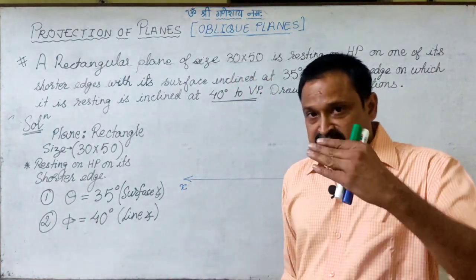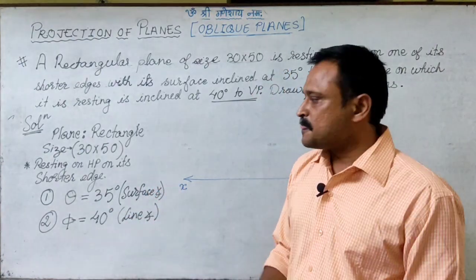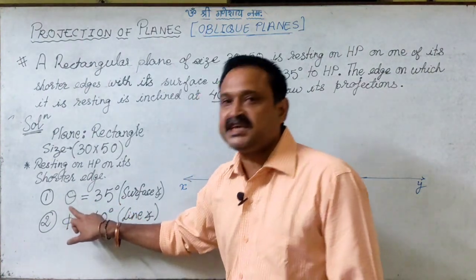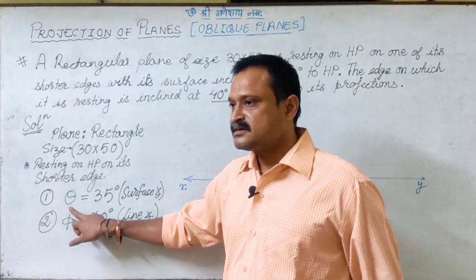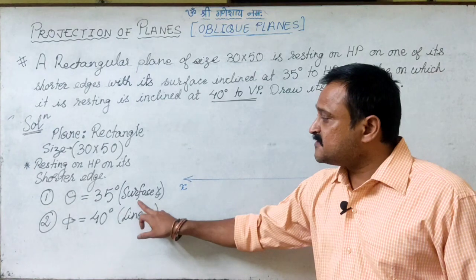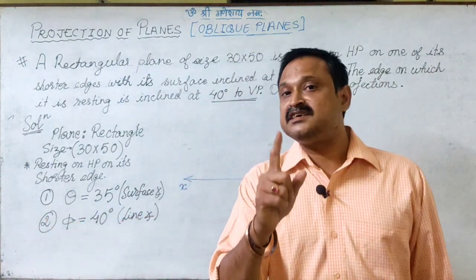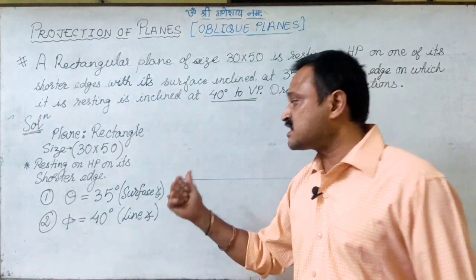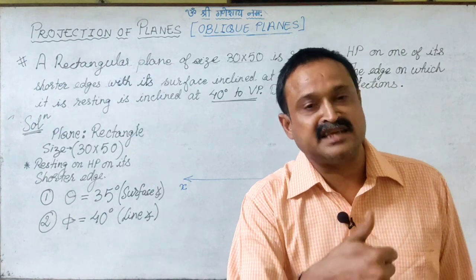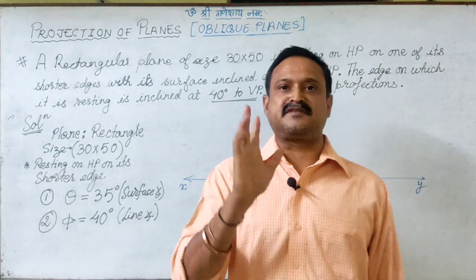Now, if that is clear, what is required for this problem? The surface inclination relates to theta, right? It's a very logical statement. The surface inclination relates to theta. Theta is seen in the front view. Surface inclination is to be expressed with the help of the trace. That means I want to see the trace in the front view.